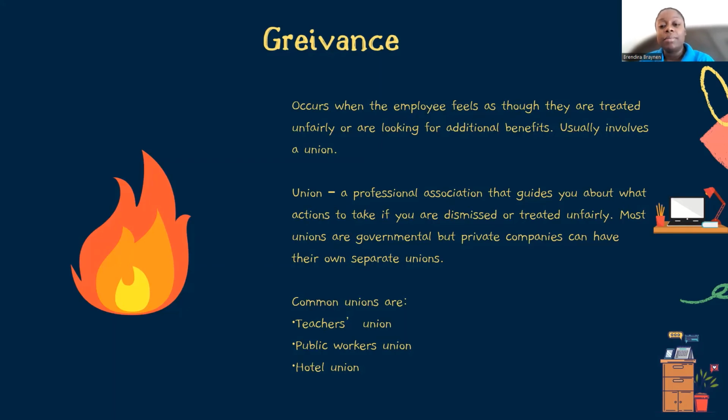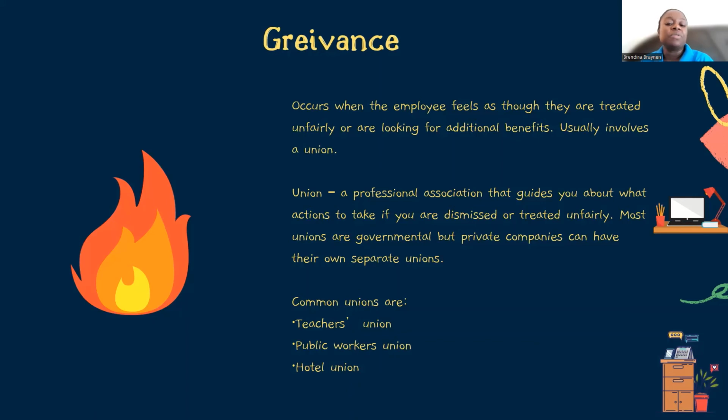Depending on where this company is or the setup of the company, sometimes it involves a union, especially if it's a government agency like teachers and public workers and police officers. They have a union, and so they're able to share their concerns with the union, who in turn works with the HR department to try and help solve some of these issues.